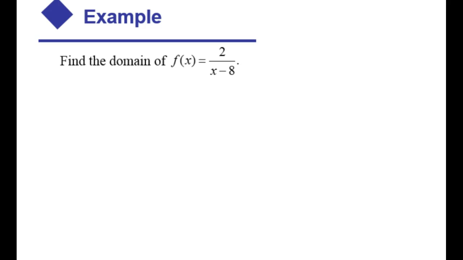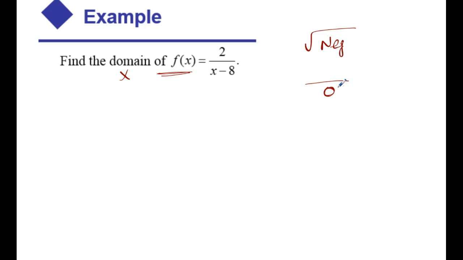So finding the domain means all the acceptable x values that this could be. Because remember, the domain goes left to right. So anytime that I run across something that x cannot be, then I'll kick that out of the domain. So notice there's two big things that you don't want to do. You don't want to take the square root of a negative number because that's imaginary. And we don't want to divide by 0.